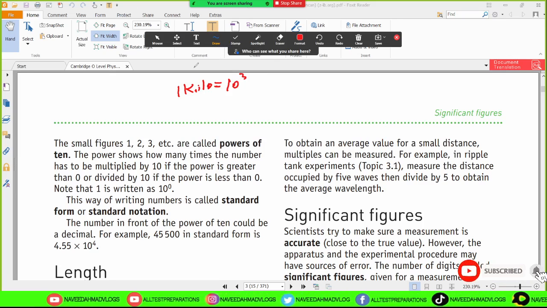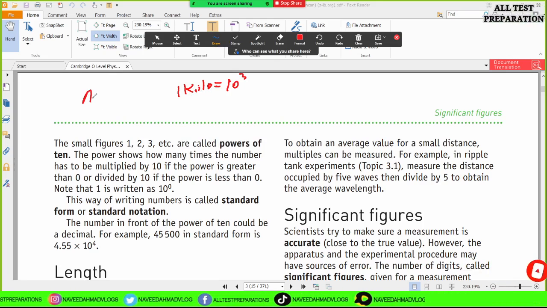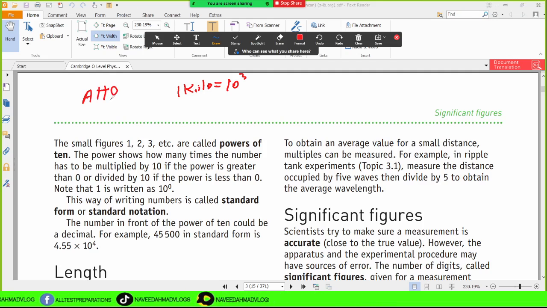Good. What about atto? 10 to the power of minus 18. Okay. What about pico? आप रिपीट कर सकते हैं? Pico. 10 to the power of 18?